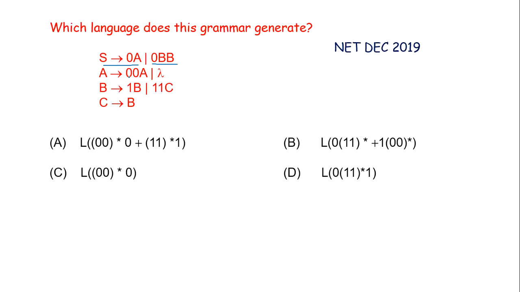Next, A gives 0A, A gives 00A, A gives lambda, B gives 1B, B gives 11C, C gives B. Now what we are doing, we are just segregating this grammar into two portions. One is S gives 0A.